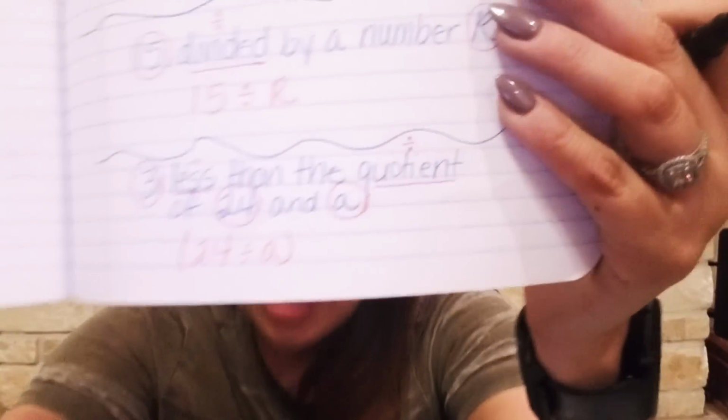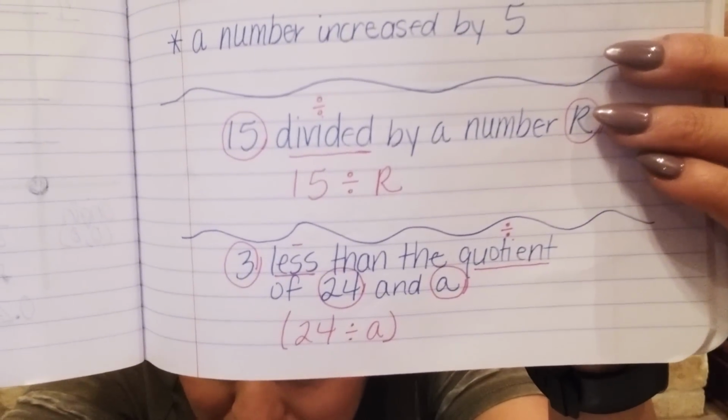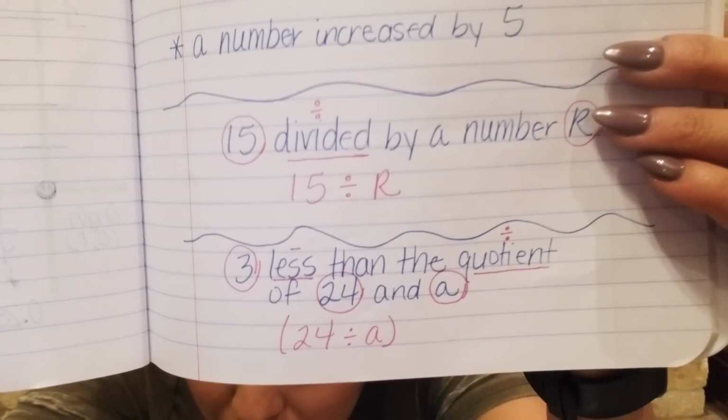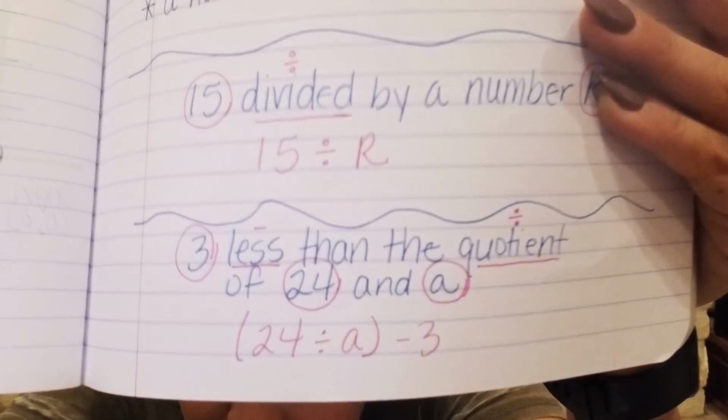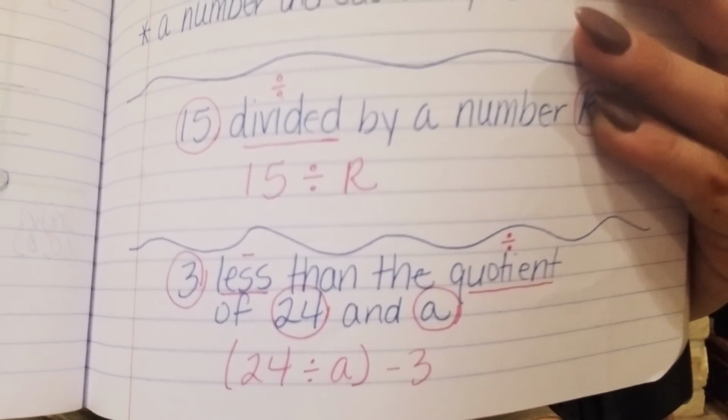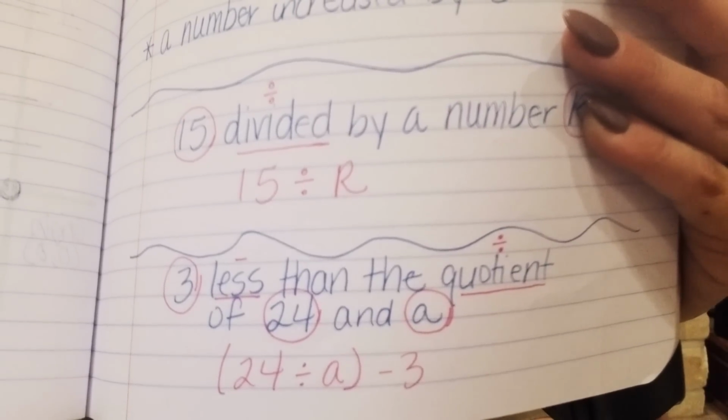I need parentheses because I need to make sure that I'm doing 24 divided by A first, and I'm showing that with parentheses. So 24 divided by A, okay? And my answer needs to be 3 less than that. So after I figured out 24 divided by A, then I'm going to take away the 3. So on the outside, I'm going to do minus 3. Okay? So that's what I have for that one. So 3 less than the quotient of 24 and A is 24 divided by A minus 3.